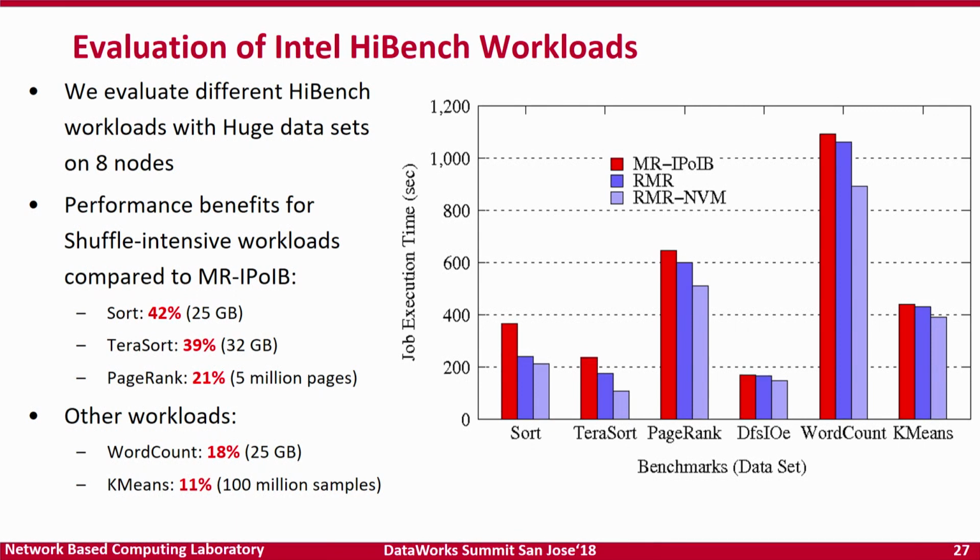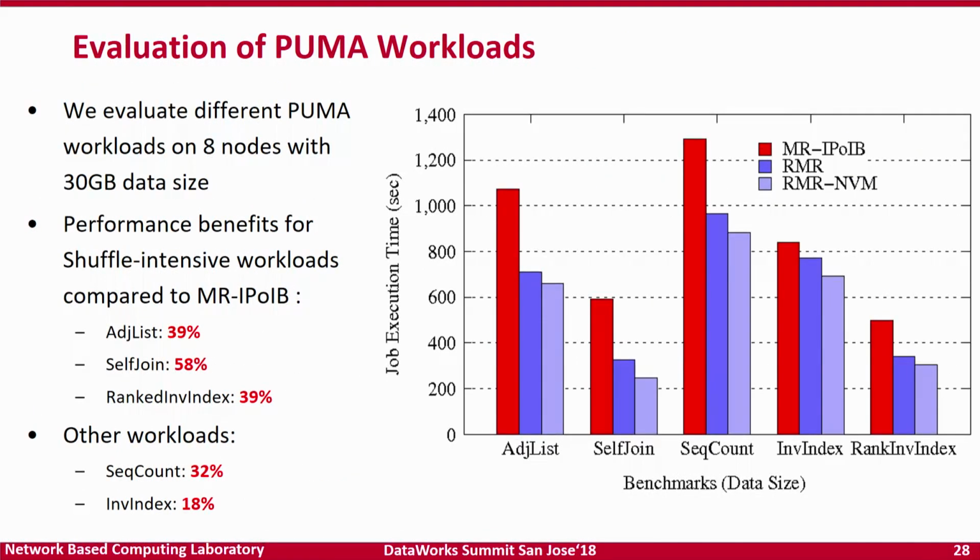Here we see for shuffle-intensive workloads about 42% benefit for Sort, 39% benefit for TeraSort, and 21% benefit for PageRank. And we also evaluated with the PUMA workloads. Here again, we find good performance improvements, especially for self-join, where we see about 58% performance benefit.